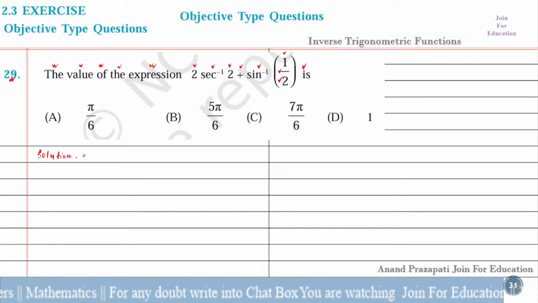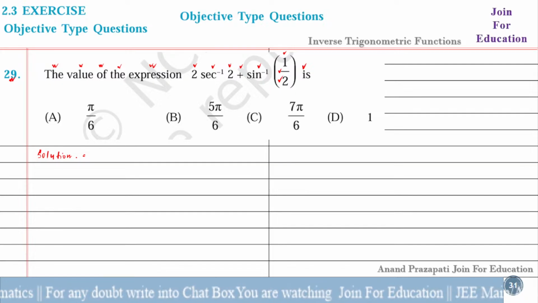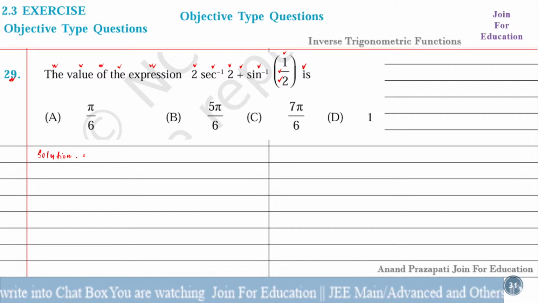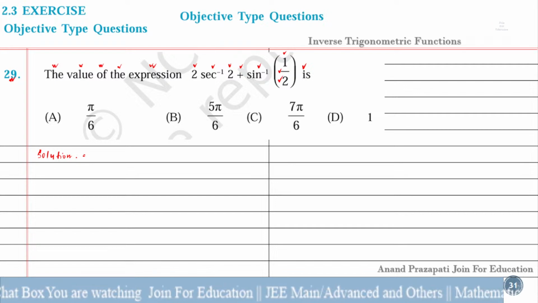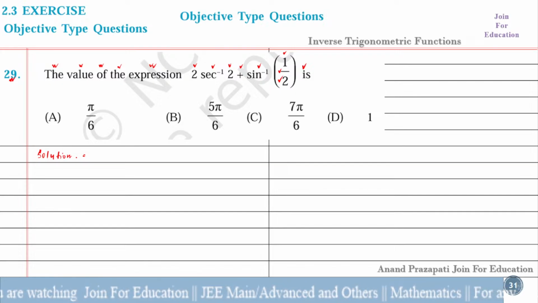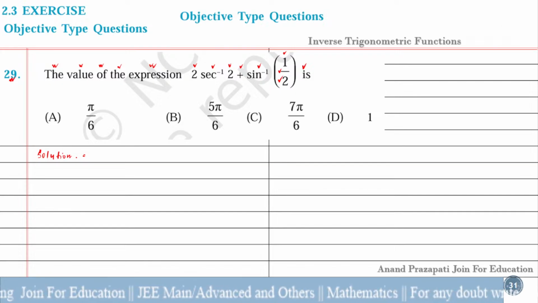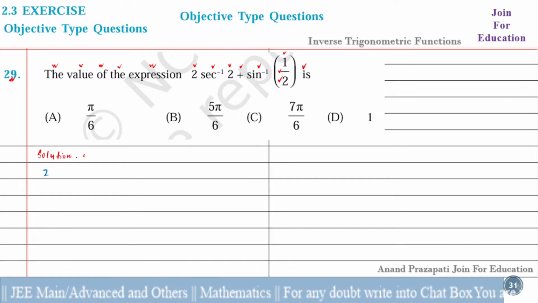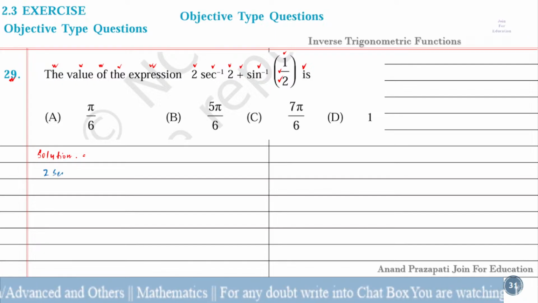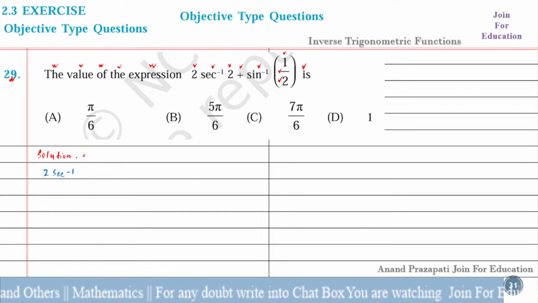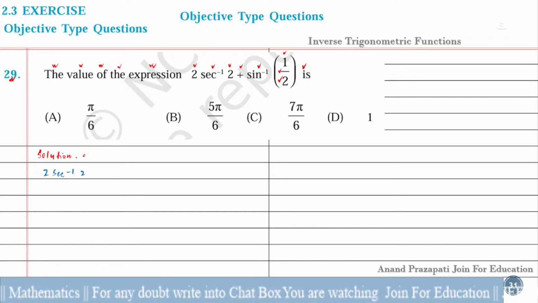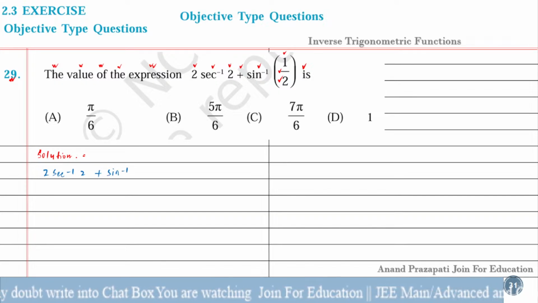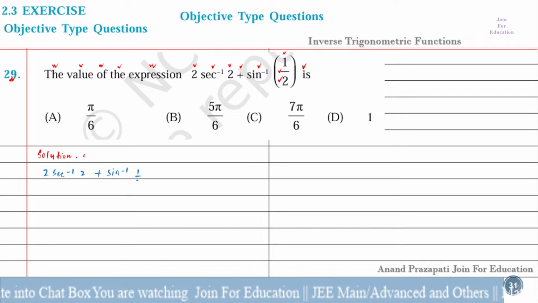So we convert sec inverse 2 into tan inverse and sin inverse 1 by 2 into tan inverse. So let's see here. 2 sec inverse 2 plus sin inverse 1 by 2.